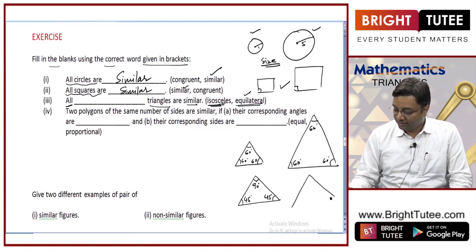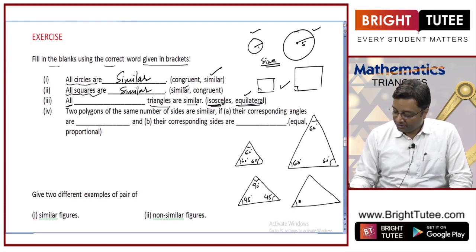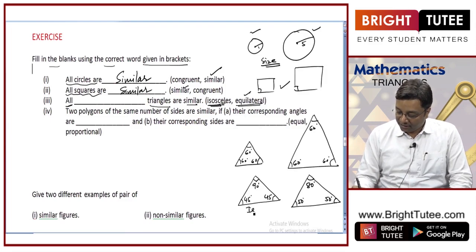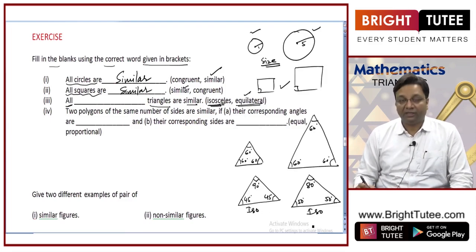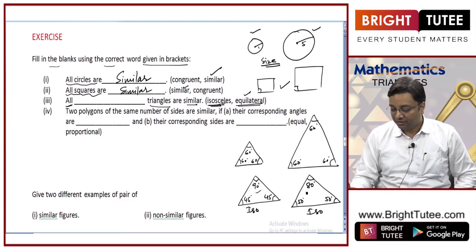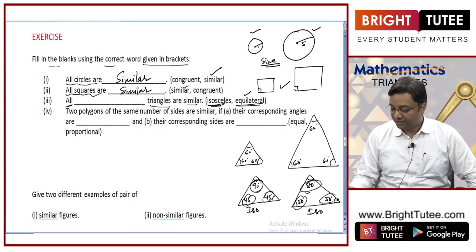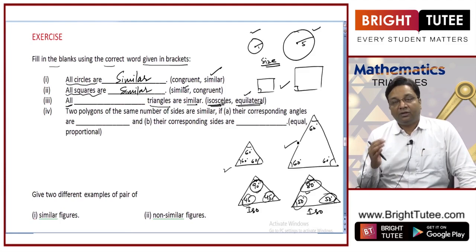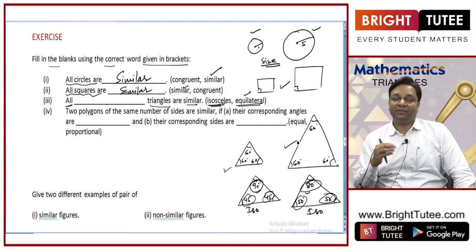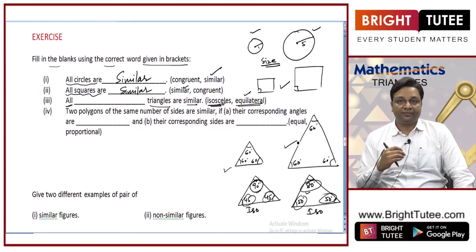Another triangle that is isosceles may be, let us say 50, 50 and 80 degrees. Now, this triangle is isosceles, this triangle is also isosceles, but are they similar? They are not. Why? Because all the angles are different in these two triangles, but in equilateral triangles, all the angles will always be same because they are 60 degrees each, right?